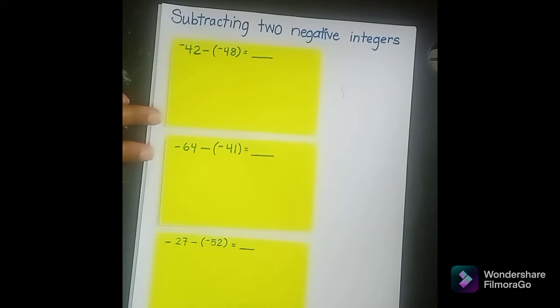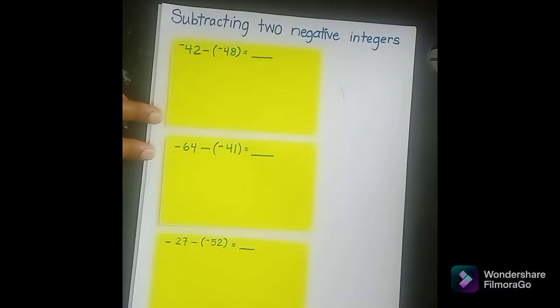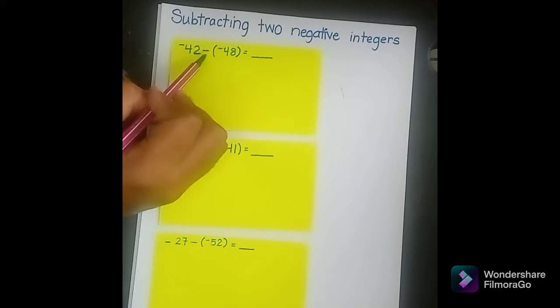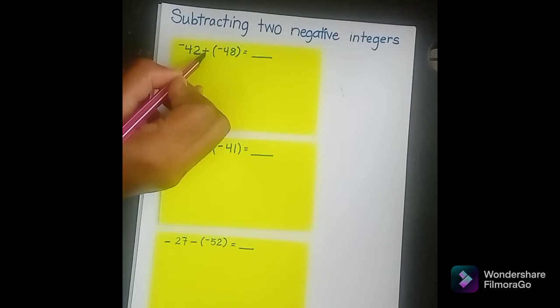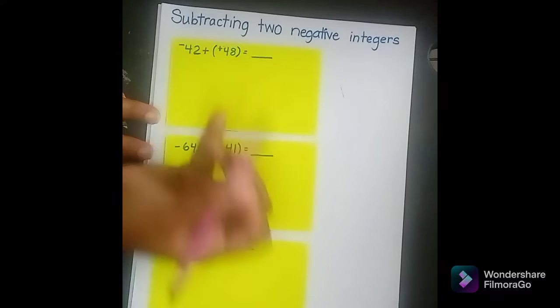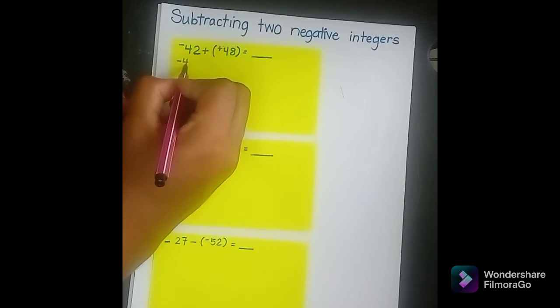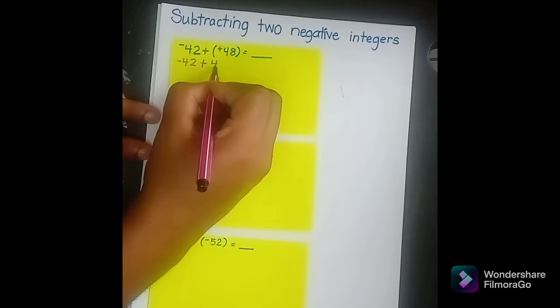Now the first thing we need to remember, whenever you see two negative signs together, see here, we see two negative signs together. When you see two negative signs together, it's like you're adding a positive number. So it then becomes negative 42 plus 48.